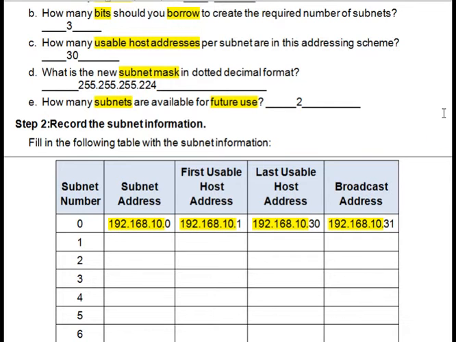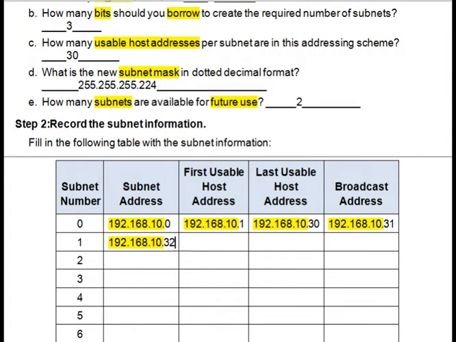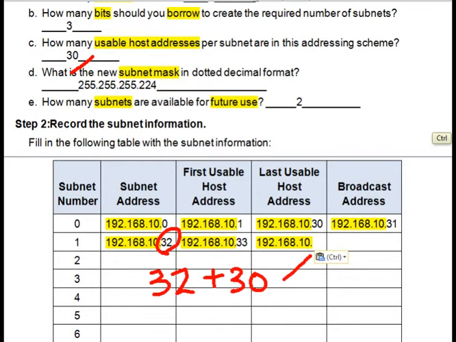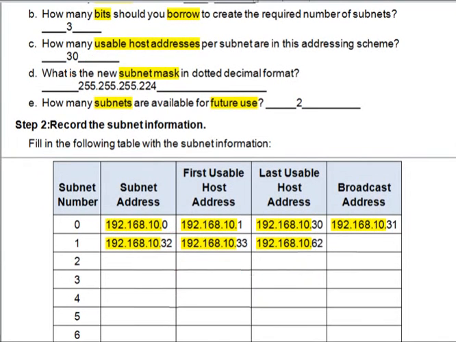We can proceed to do the next for subnet 1. It will be 192.168.10.32. First usable host address 10.33. Last usable host address will be 192.168.10.62. So in this case, we notice that the address over here is 32, and we're going to add a total of 30 usable addresses, so in this case, this is actually 62.